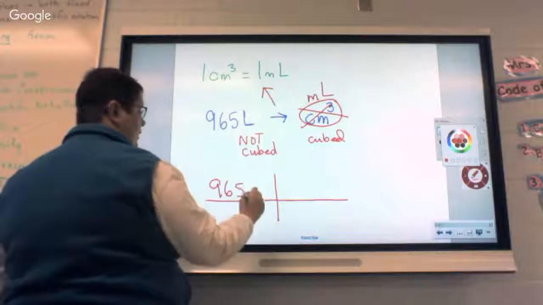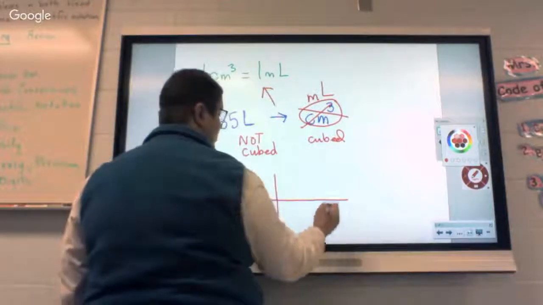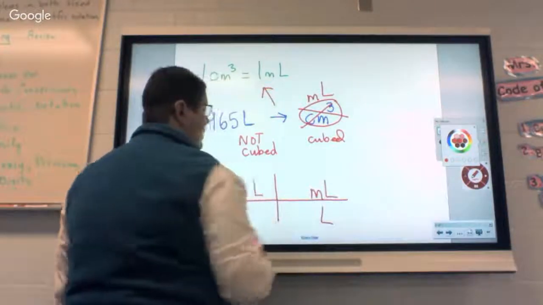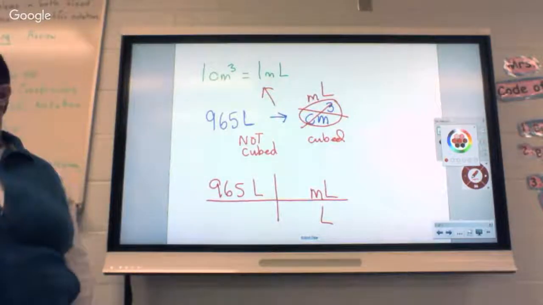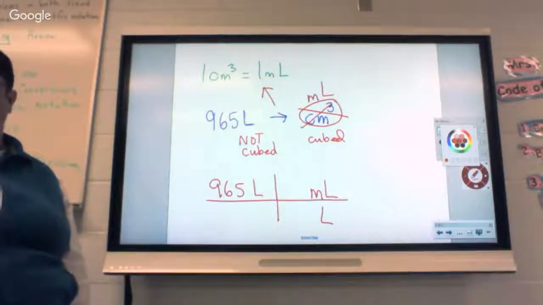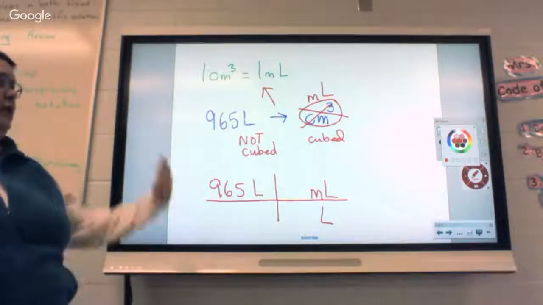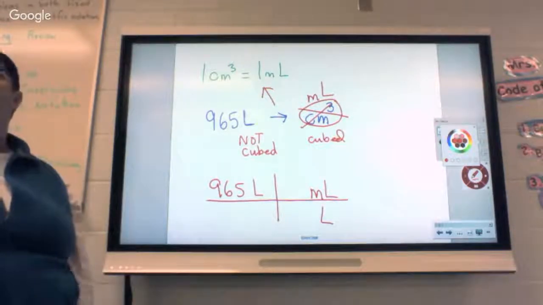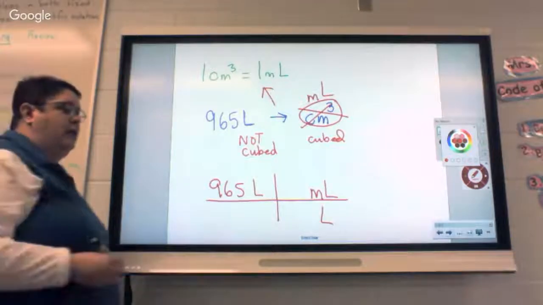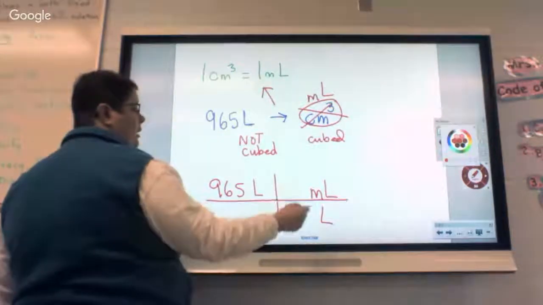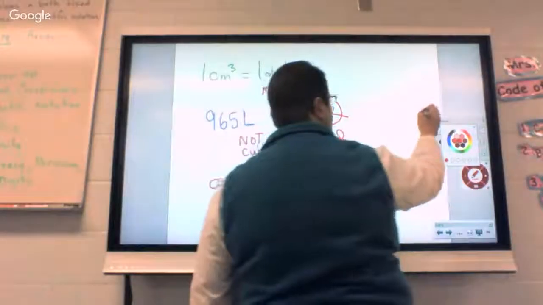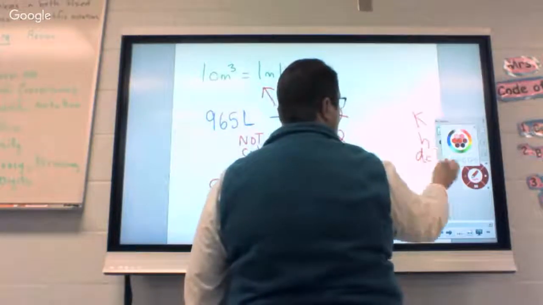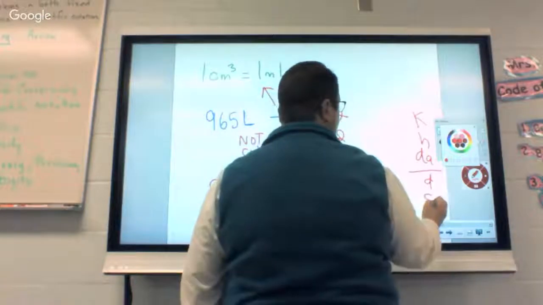Because if this is a milliliter, now you're just changing 965 liters into milliliters. Now, that looks like what we did when? Yesterday. It's identical to what we did yesterday. As soon as you change that centimeters cubed into a milliliter, it's yesterday's conversion. Which of these two would be bigger, a liter or a milliliter? Yep, and then you can say King Henry died by drinking chocolate milk.